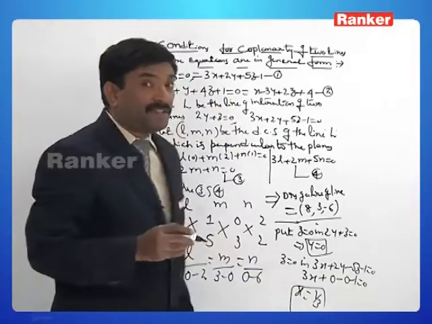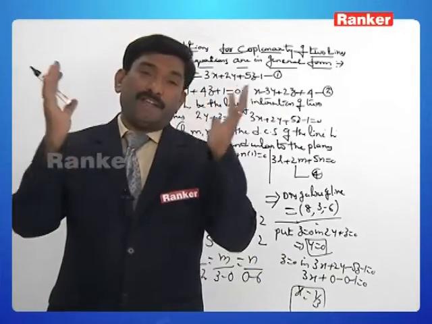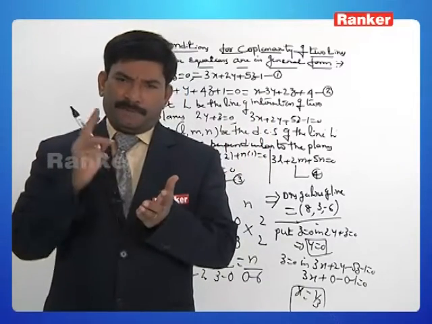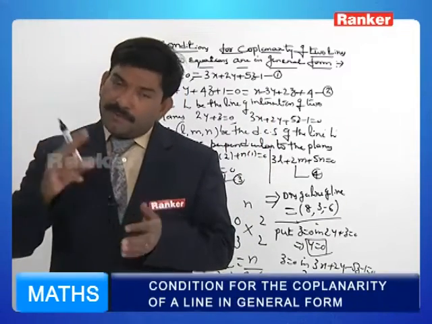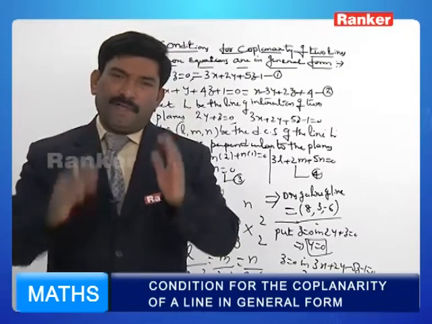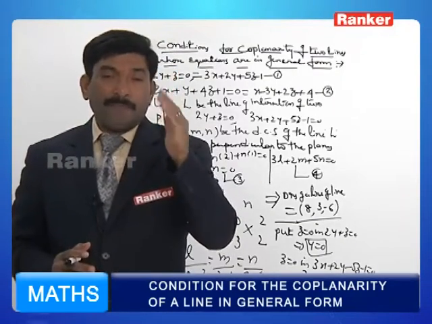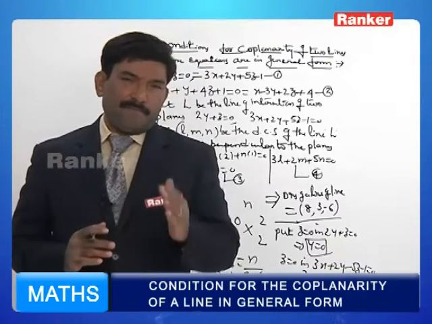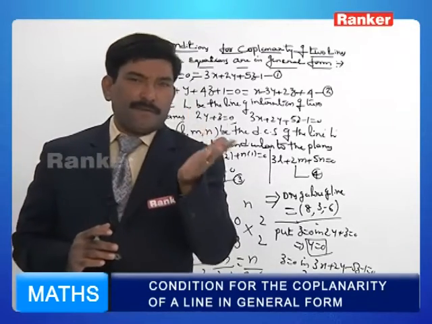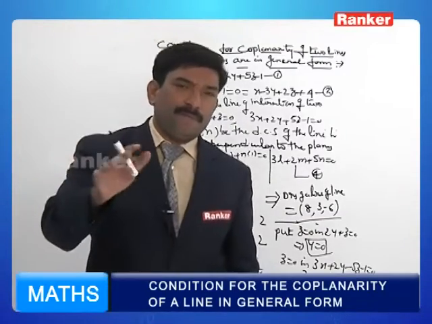Therefore, they must intersect. What I told: when the given lines are in general form, a1x plus b1y plus c1z plus d1 is equal to 0 is equal to a2x plus b2y plus c2z plus d2, call it line 1, correct or not? Next one is a3x plus b3y plus c3z plus d3 is equal to 0 is equal to a4x plus b4y plus c4z plus d4.